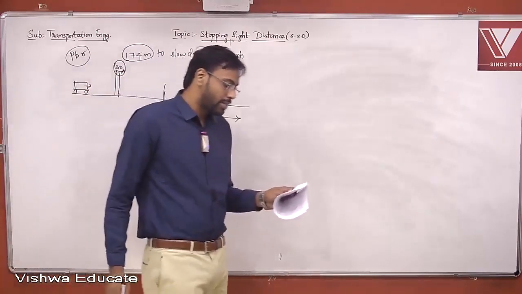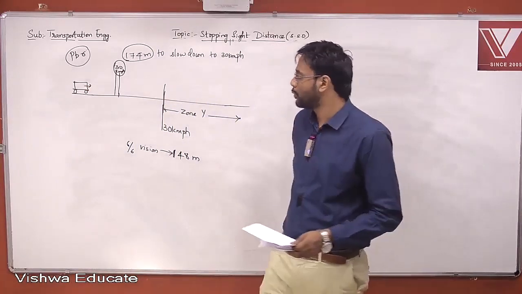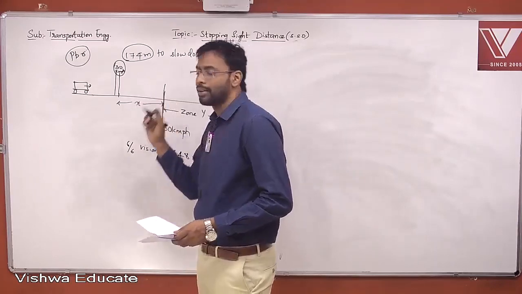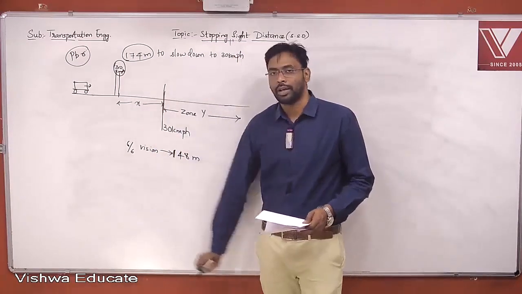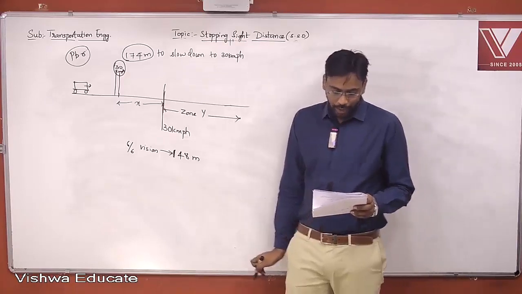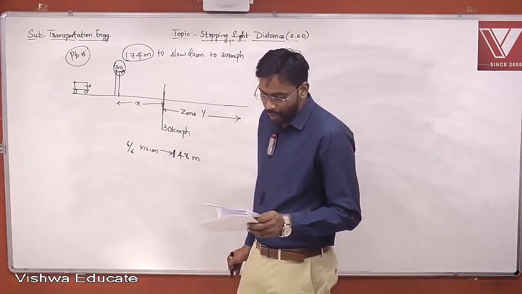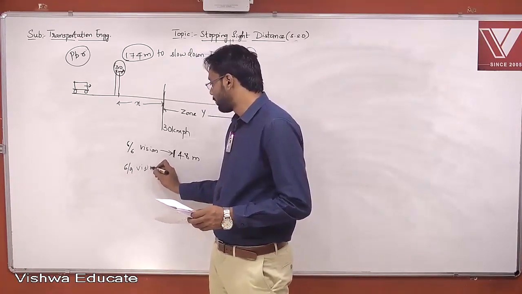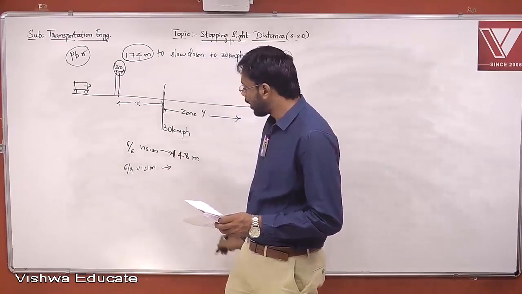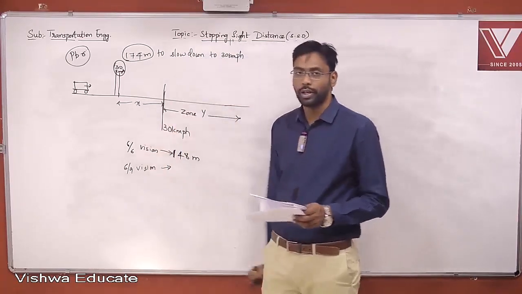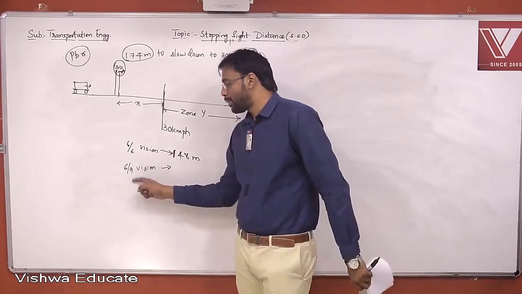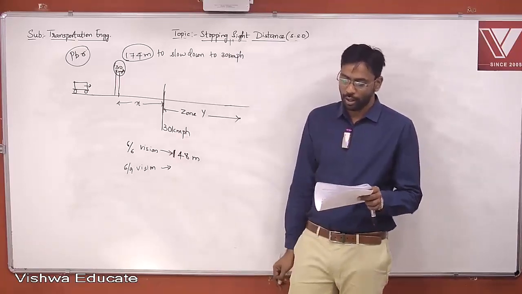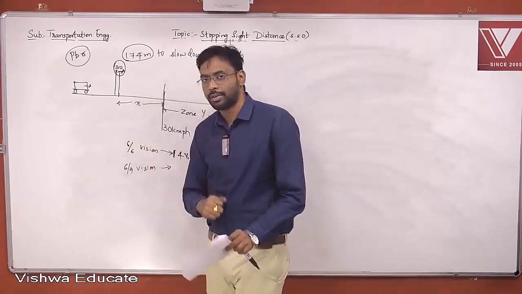The sign is placed at a distance of X meters from the start of zone Y. So that is my X, so that even a 6x9 vision driver can slow down to 30 kmph before entering zone Y. What is the minimum value of X?